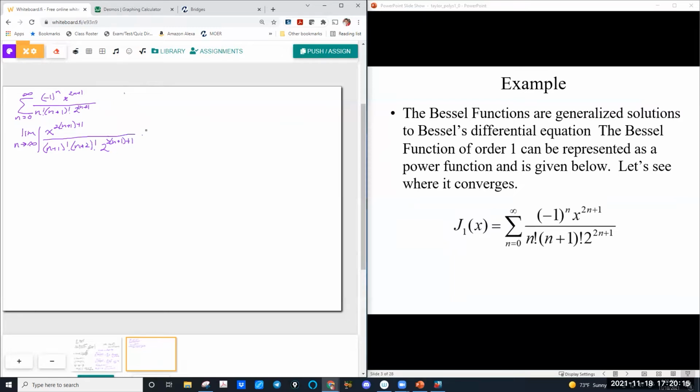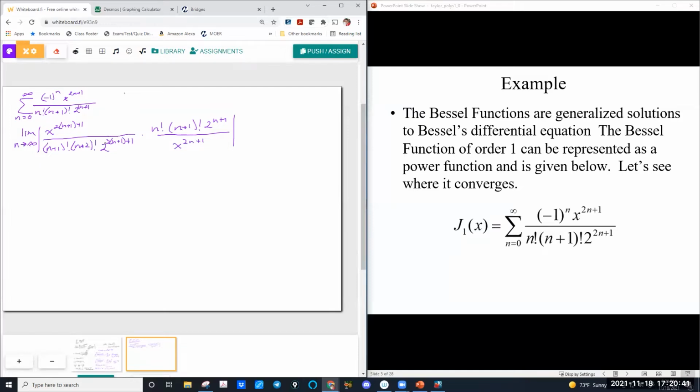That gets multiplied by the reciprocal of this guy. Again, don't worry about the negative 1 to the n term. Because of those absolute values, it is always going to go away in the ratio test. n plus 1 factorial, 2 to the 2n plus 1 over x to the 2n plus 1.